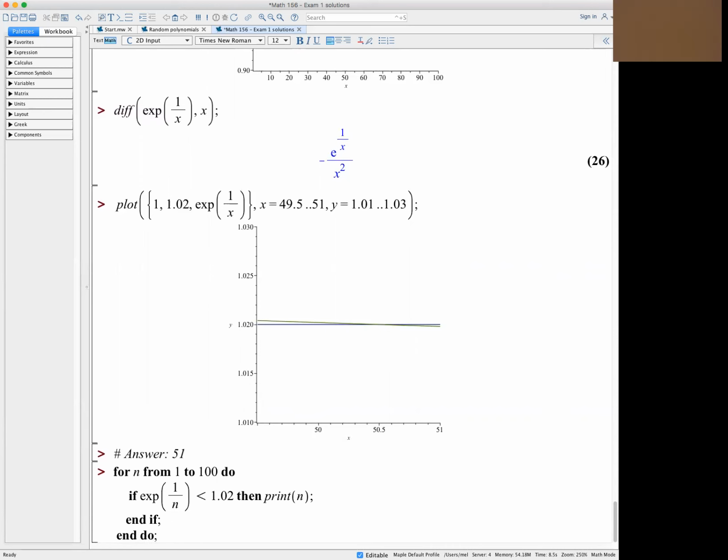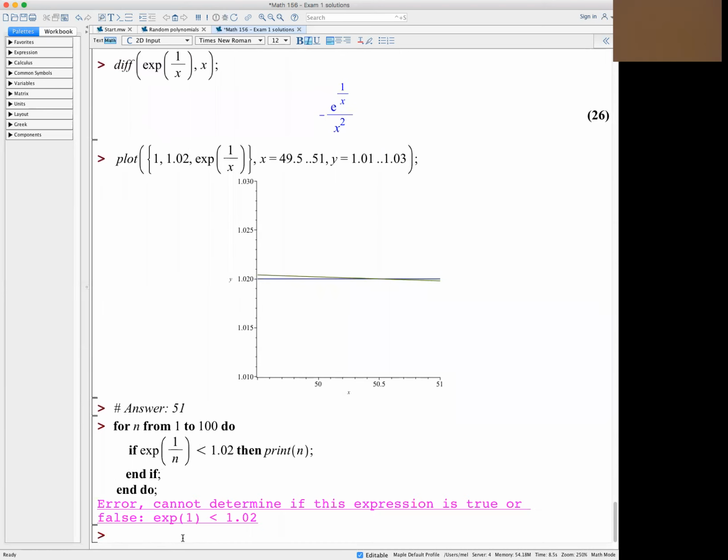So I'm going to look at all the numbers from 1 to 100, and whenever e to the 1 over n is less than 1.02, I'm going to print n. So the first n that gets printed, that's going to be the answer. So let's see if it turns out to be 51. Why is that not true? Let me write this as 1.0.